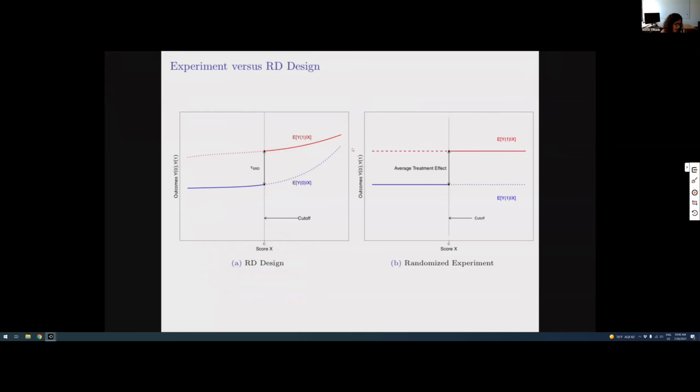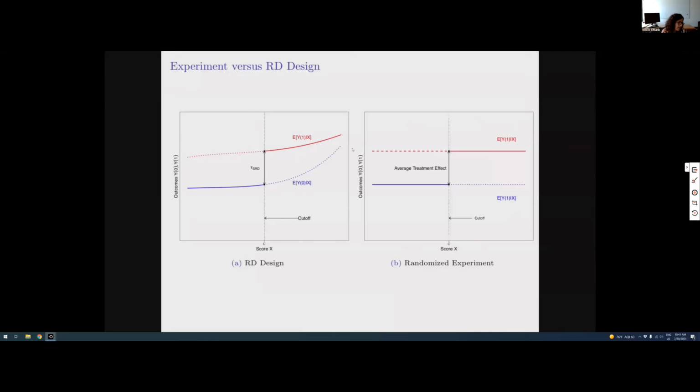But if you think about what a similar plot would be in a randomized experiment, where you take the score to be the random number that you use in your computer to assign people to treatment and control, and then you plot the potential outcomes as a function of that pseudo random number, you would see basically no relationship whatsoever, because that number is just an arbitrary device that is unrelated to the characteristics of the units.